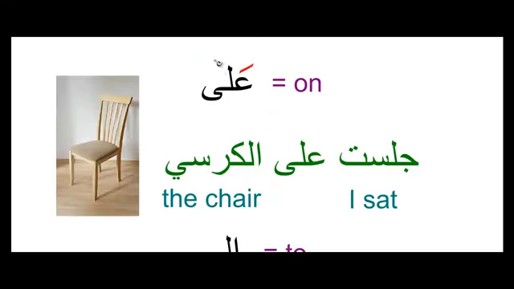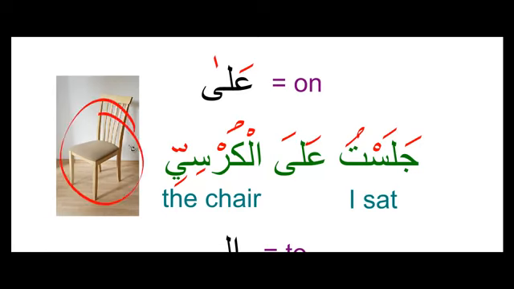Next we have ala. And ala means on. So here the example is jalastu ala al-kursi. I sat, jalastu, ala, on, al-kursi, the chair. I sat on the chair. Easy enough.